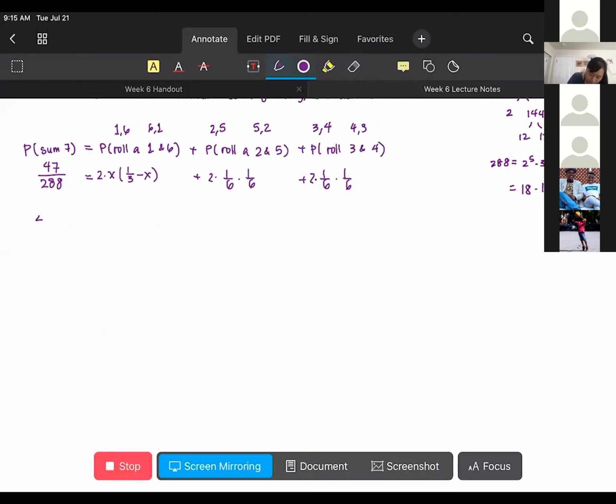So we can write this out. Similarly, same technique. So this will give us 2/3 x minus 2x squared. And then this will give us 2 over 36 plus 2 over 36.